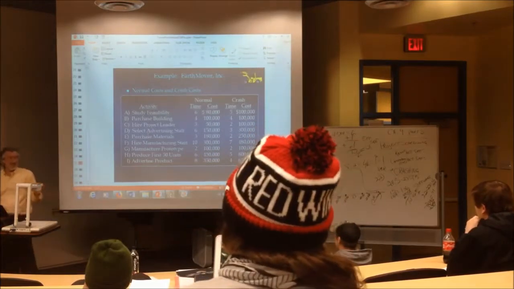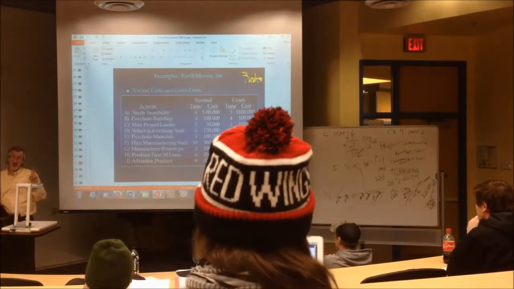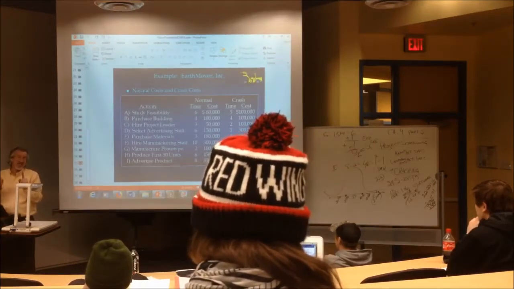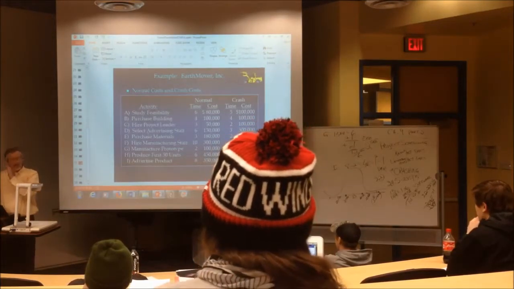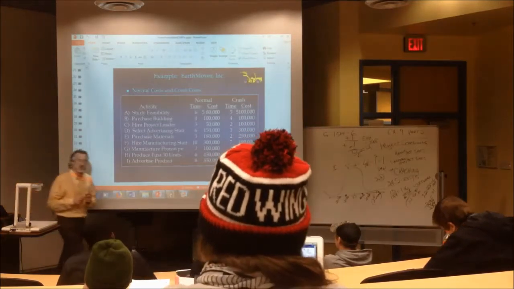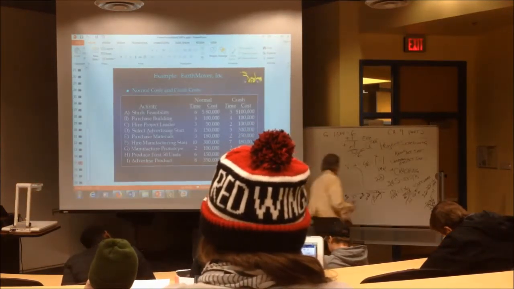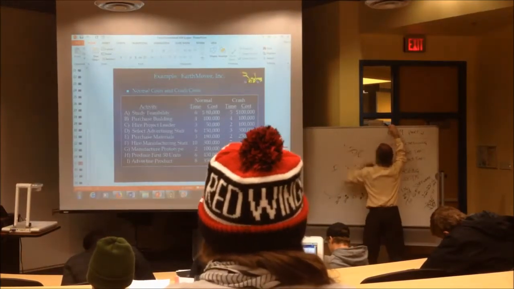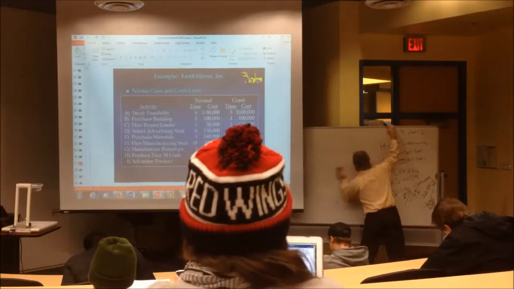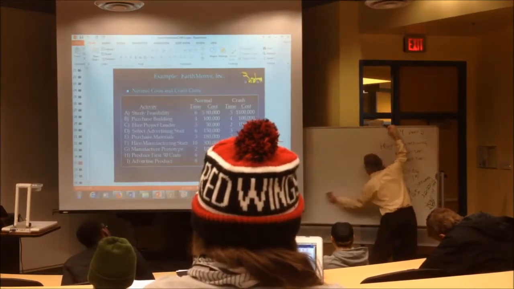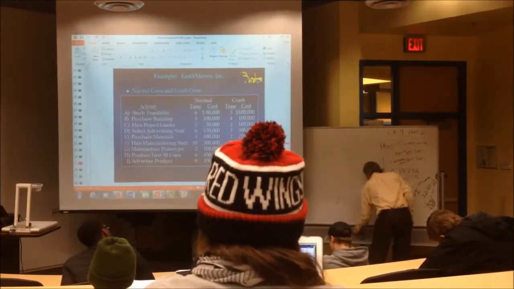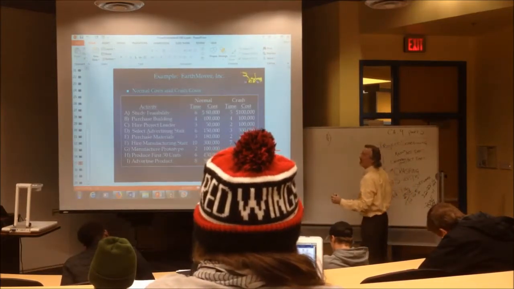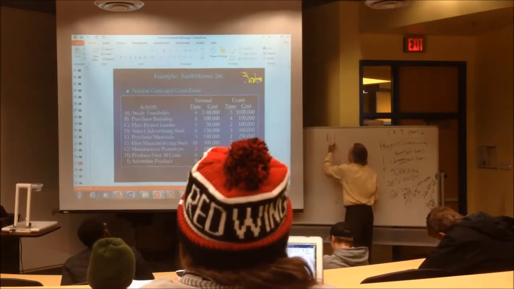I find it easiest to do these crashing problems if you create 2 columns. One is the amount of time each activity could be crashed, the maximum amount of time in units. So I'm going to develop 2 columns right here. And you're going to tell me the maximum amount of time that each activity could be crashed. Let's figure this out. Here we go. A, how much time could activity A be crashed at the most? 1 unit of time.